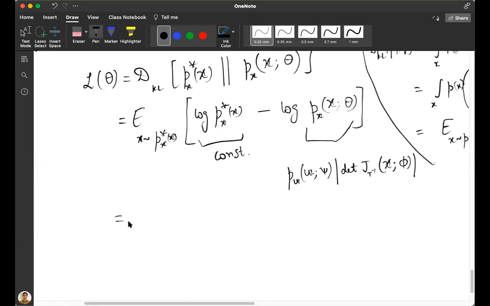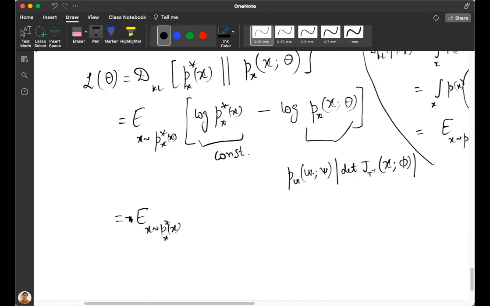Okay, this is equal to the expectation, x is sampled from p star x, and then you have this term. This is the constant term, I will throw it away.